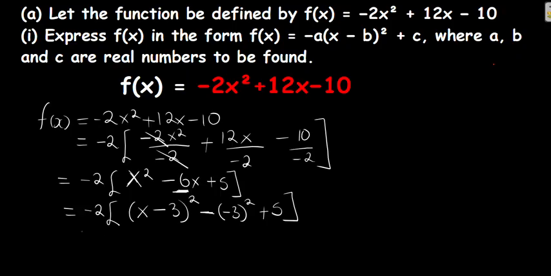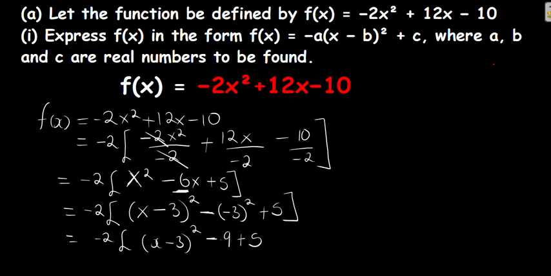Then after you have reached that point, what's the next thing that you do? You say negative 2 there, then x minus 3, then squared. Then what will happen to the negative there, right? Then what is negative 3 squared? It is 9 plus 5.